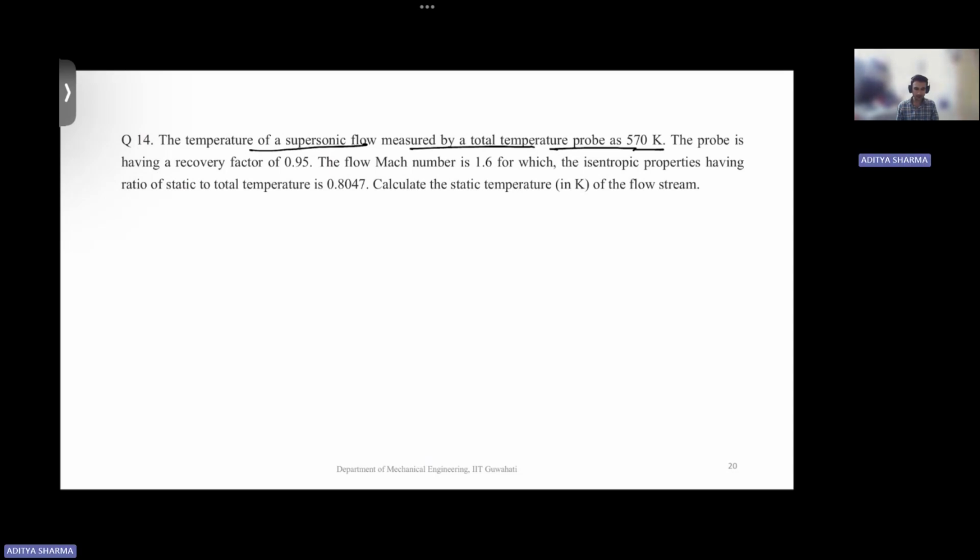So the total temperature probe is measuring this temperature, 570 Kelvin. The probe has a recovery factor of 0.95.